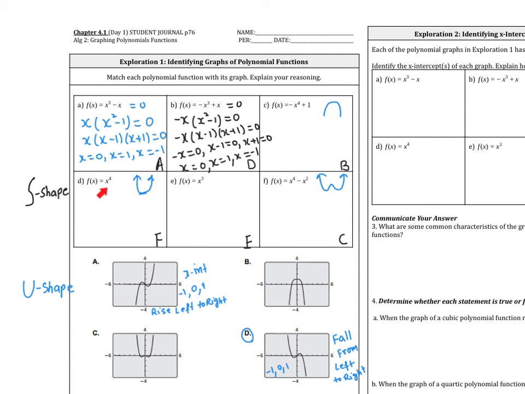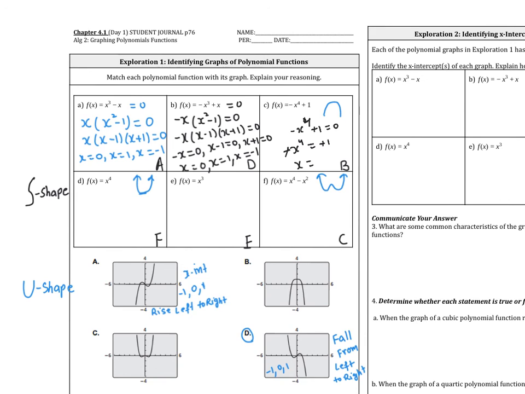For letter D, they're all equal to 0, because if you put x to the power 4 equals 0, it's going to be all equal to 0. X to the power 4, when you put that equal to 0, that's going to give you x to the power equals negative 1. Negative, negative cancel.